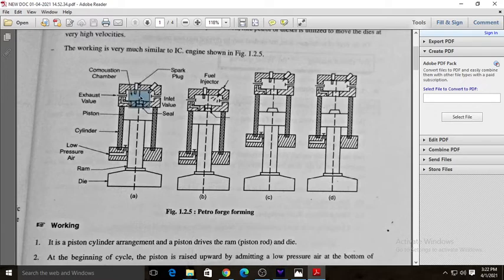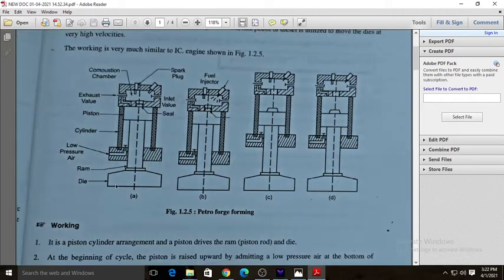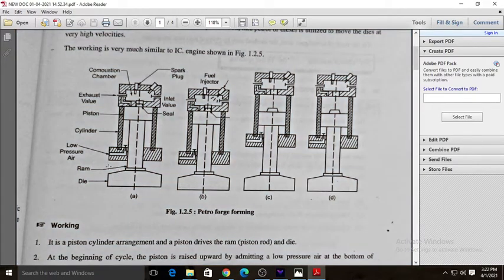You can see this construction is quite similar to the IC engine, where only this part is present instead of the crankcase and the crankshaft. Here we have the ram.